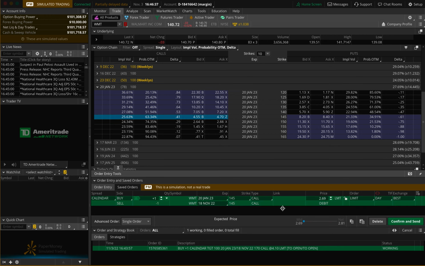Chart looks like it's on its way down, so bullish call. Calendar may not be the best play. Okay, so since we did that, then let's go ahead and put on a put trade.